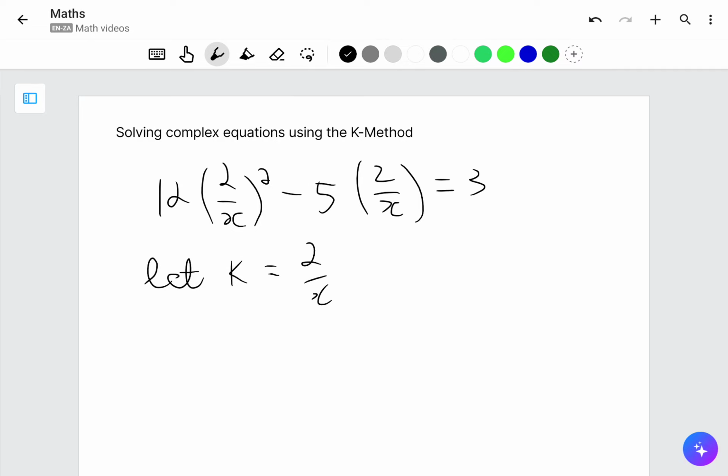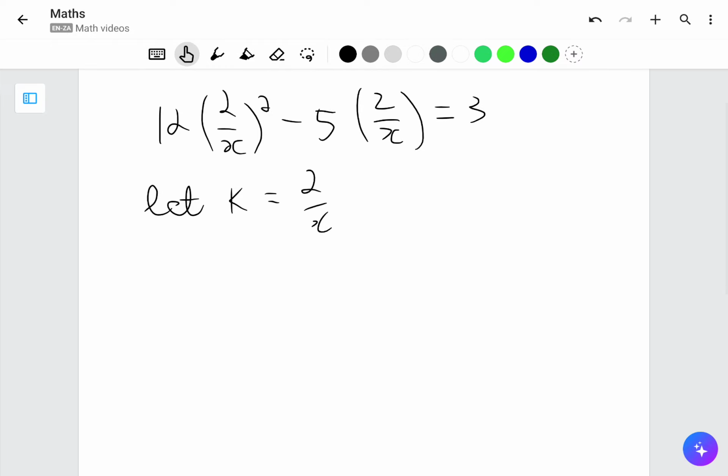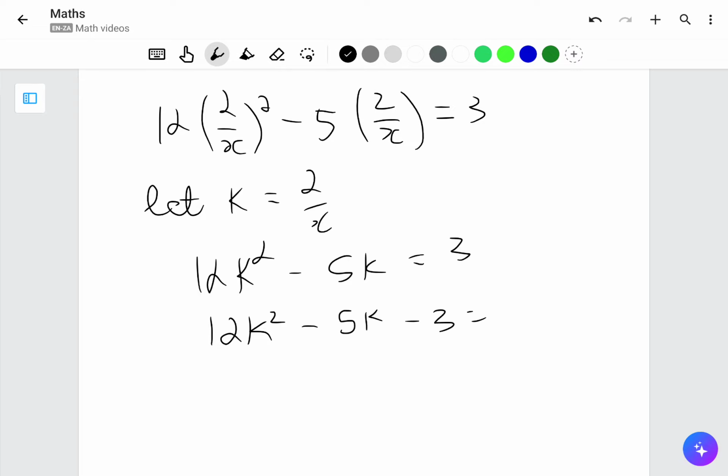Again, wherever we see 2 over x, we'll put the value k, right? So we're going to get 12k squared minus 5k equals 3, right? So again, we can take that 3 over, so we can say 12k squared minus 5k minus 3 equals 0.